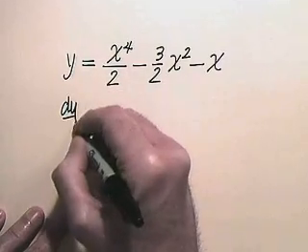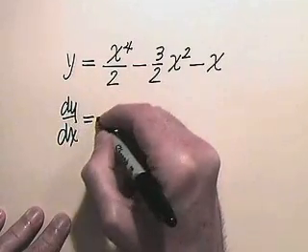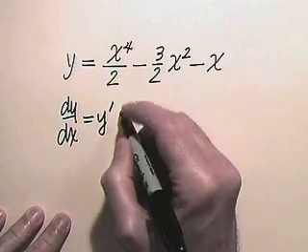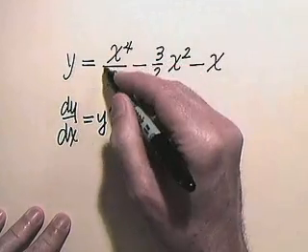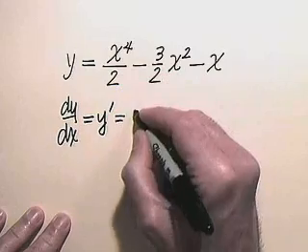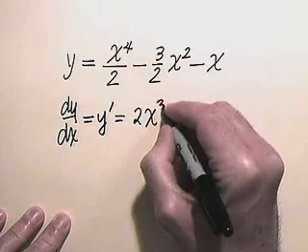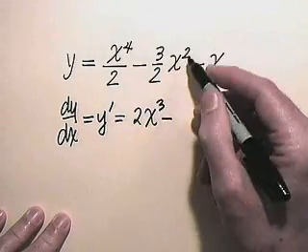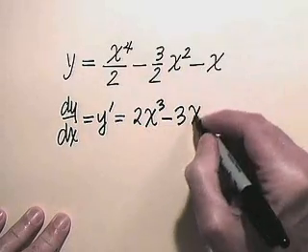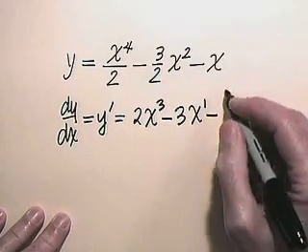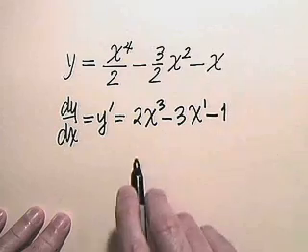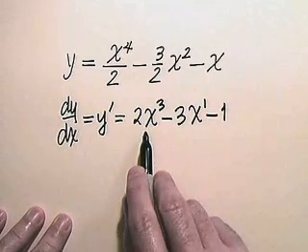So to find dy/dx, which we denote by y prime for short, we just get 4 times a half, which is 2x cubed, minus 3/2 times 2 is 3, x to the power 1, minus the derivative of x, which is 1. So there's our first derivative.